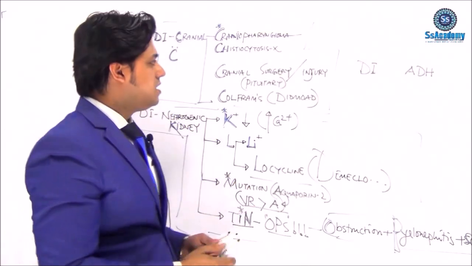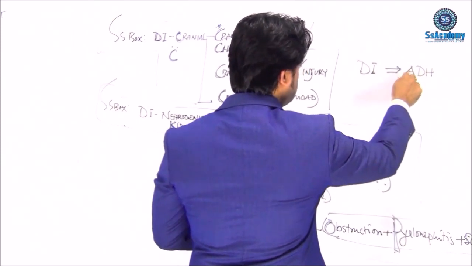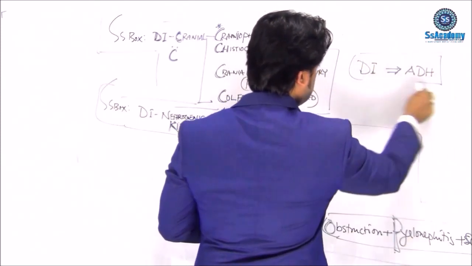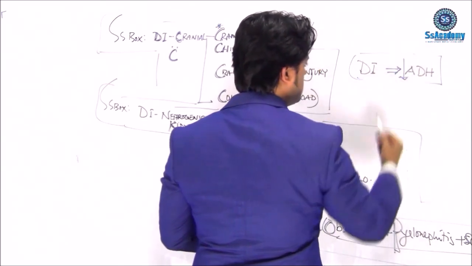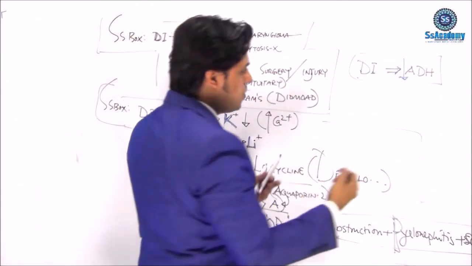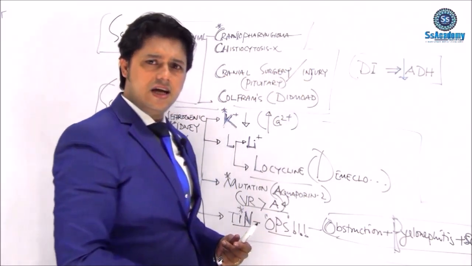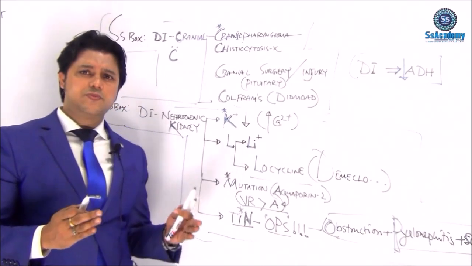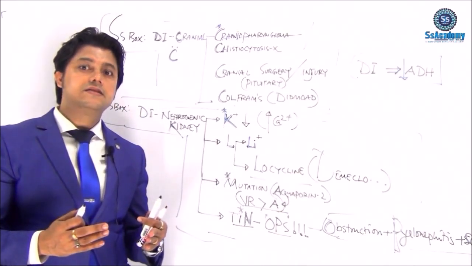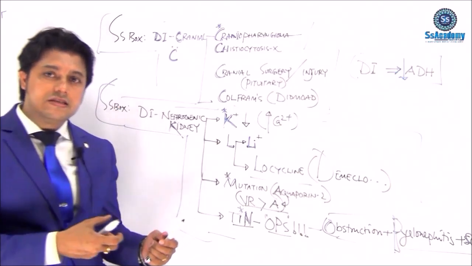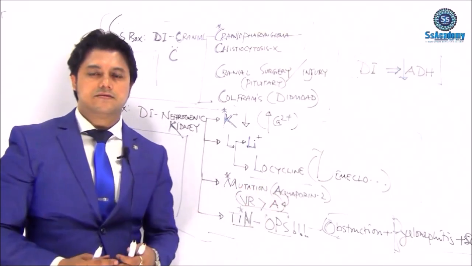So diabetes insipidus is the anti-diuretic hormone problem. It means ADH absent or reduced or not working. Not working means the resistance. ADH is responsible for water reabsorption from the urine, making the urine concentrated.